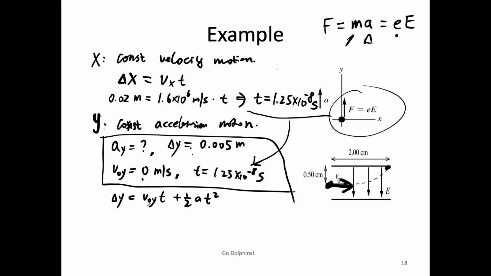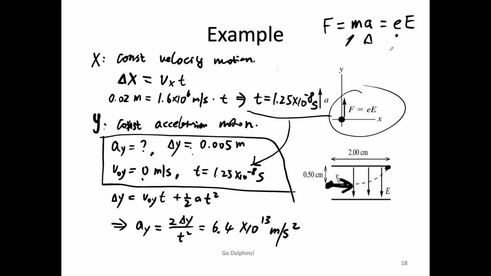Now your v0y is 0, you know your delta y, you know your t, you can find your a. So your ay is 2 delta y over t squared. You plug in all the numbers, you find a huge acceleration, 6.4 times 10 to the 13 meters per second squared.